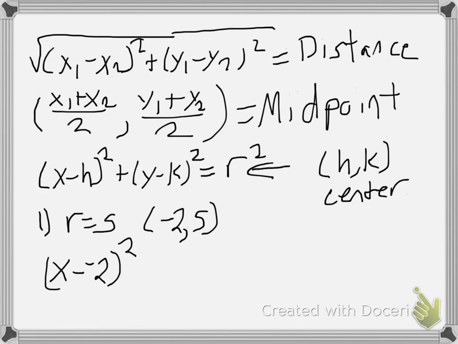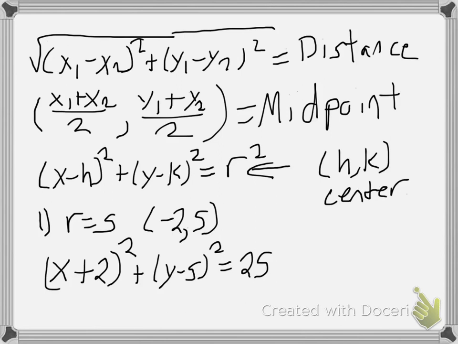So this minus the negative, I'm going to change that to a plus, because I hope you all realize that you can do that. Then I have a plus, and then y minus 5 squared is equal to r squared. Well, r is 5, so 5 squared is 25. Just remember to do the squared, guys. Everything should be pretty straightforward for you.